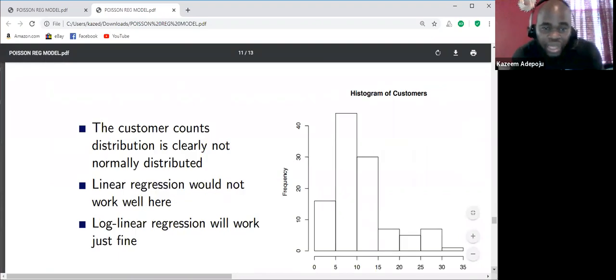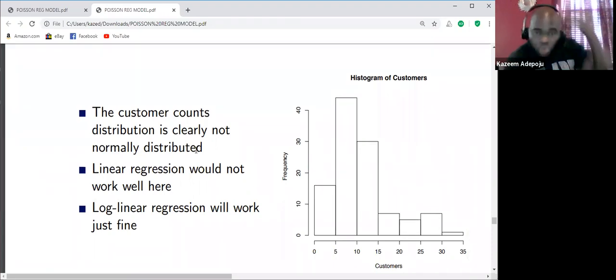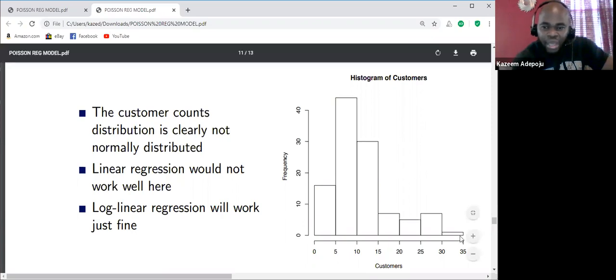Now, I said the customer count distribution is clearly not normally distributed. How do I know? Somebody may want to argue, why can't I use linear regression? There is always an assumption underlying the use of a model.